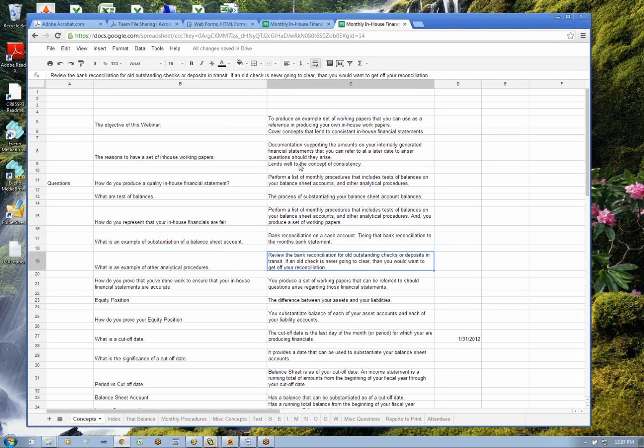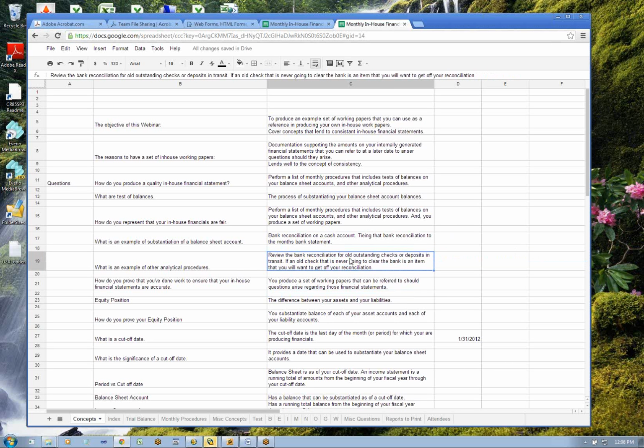So an old check that's never going to clear the bank, you would want to get that off your bank reconciliation. So I'll just rewrite that. Okay, so we'd want to get that off the reconciliation.